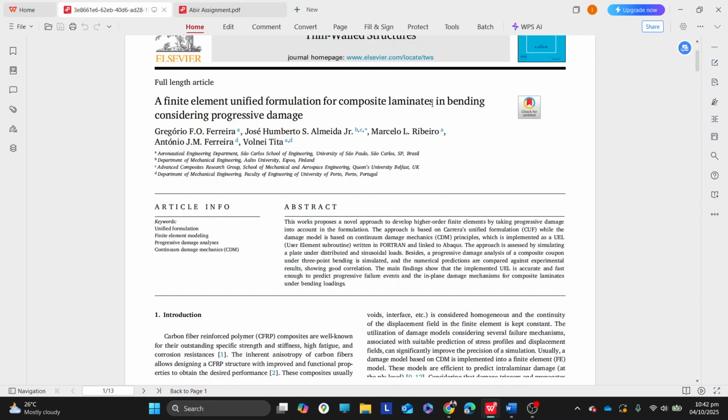The study also connects closely to how composites are manufactured. Typically, composites are made by stacking thin laminae layer by layer, with fibers oriented in different directions to achieve desired properties. In the paper, the authors studied common stacking sequences like cross-ply, 0/90, symmetrical, and unidirectional laminates.